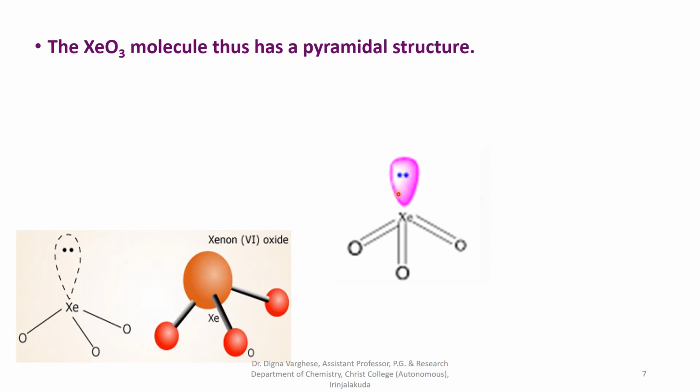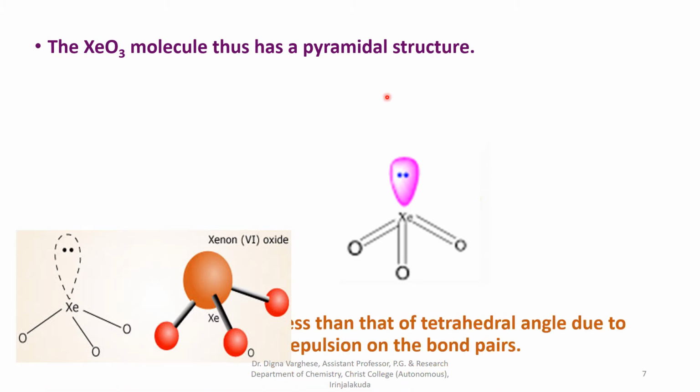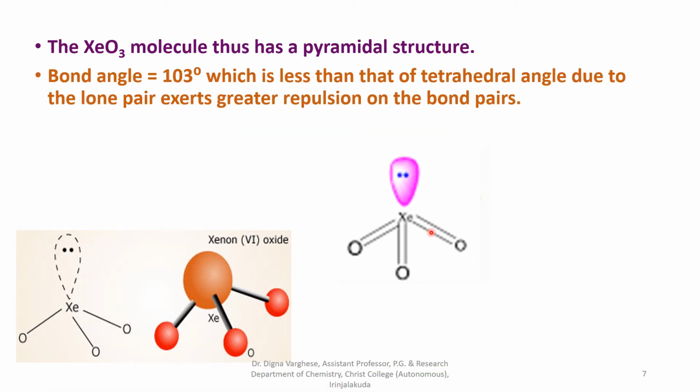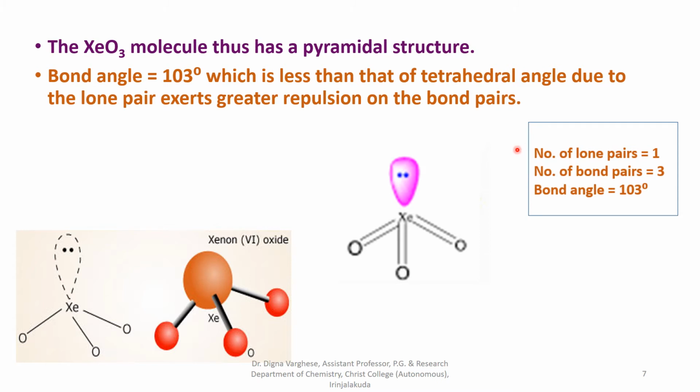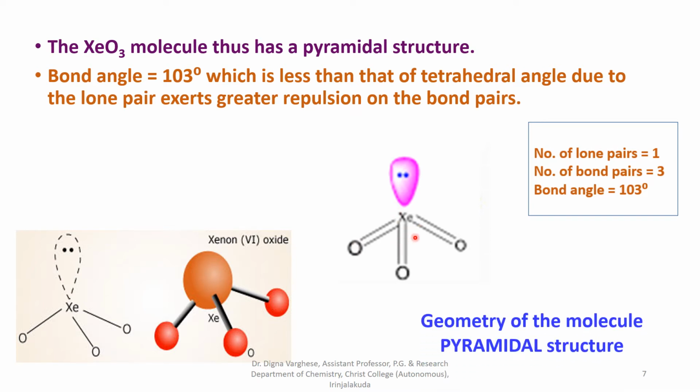Therefore, it has a pyramidal structure, and the bond angle between the xenon-oxygen bonds is 103 degrees due to the greater repulsion between the lone pair and the bond pairs. Number of lone pairs in this XeO3 molecule is 1 and number of bond pairs is 3, and the bond angle is 103 degrees. Therefore, the geometry of the molecule is pyramidal.